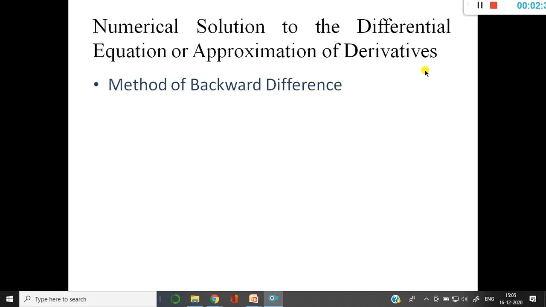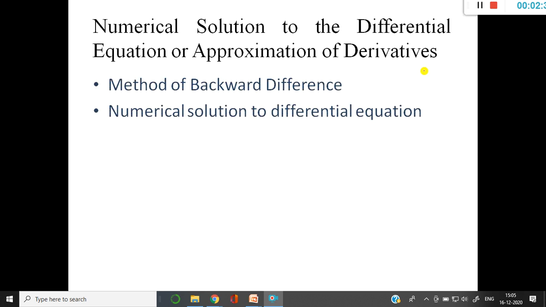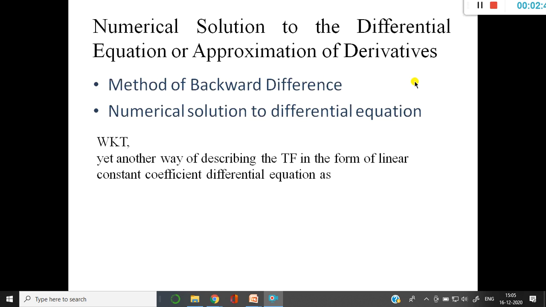So moving further, the fundamental method that we adopt here is the backward difference method, or we also call it the solution for differential equations. Yet another way of describing the transfer function is in the form of linear constant coefficient differential equations.